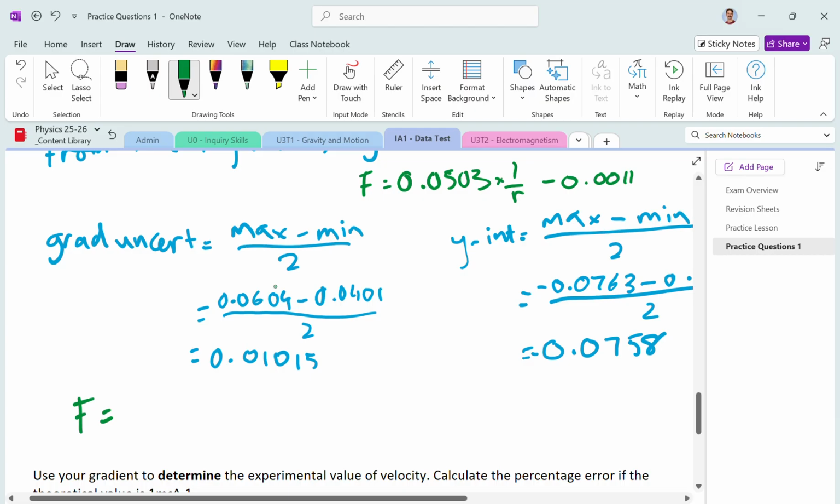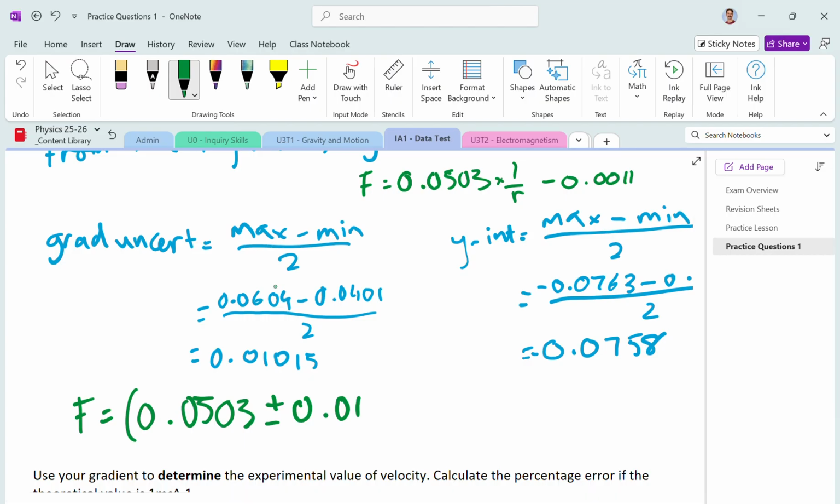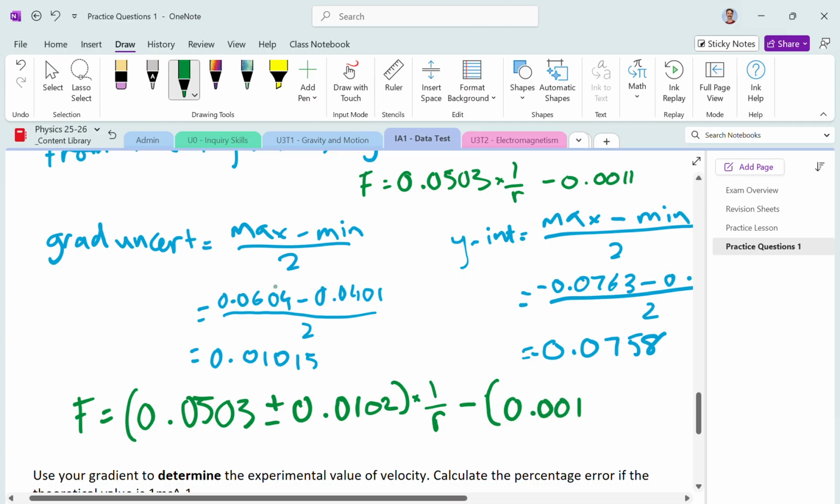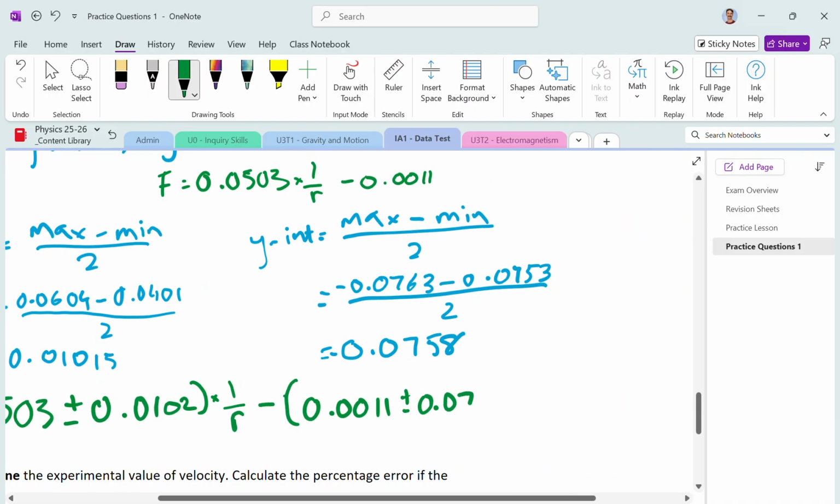Force is equal to, I'm going to do brackets here, 0.0503 plus or minus 0.0102, times 1 over r, minus 0.0011 plus or minus 0.0758.